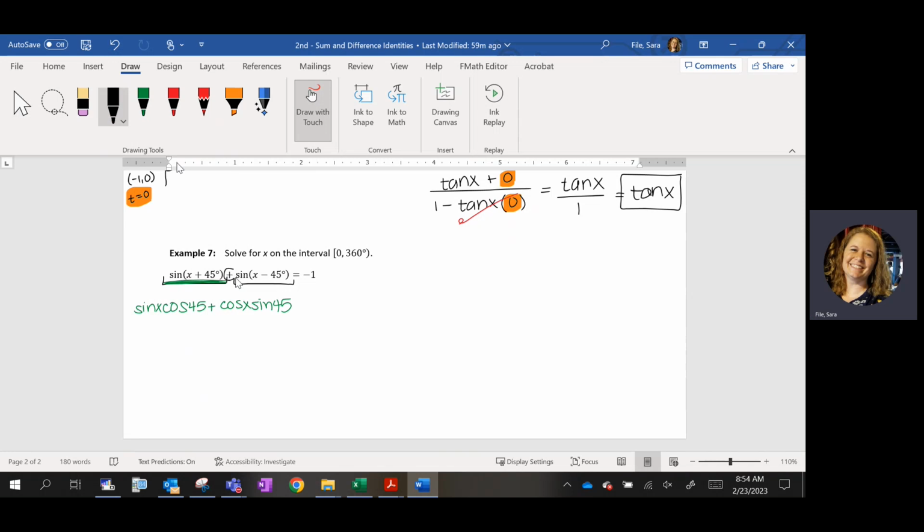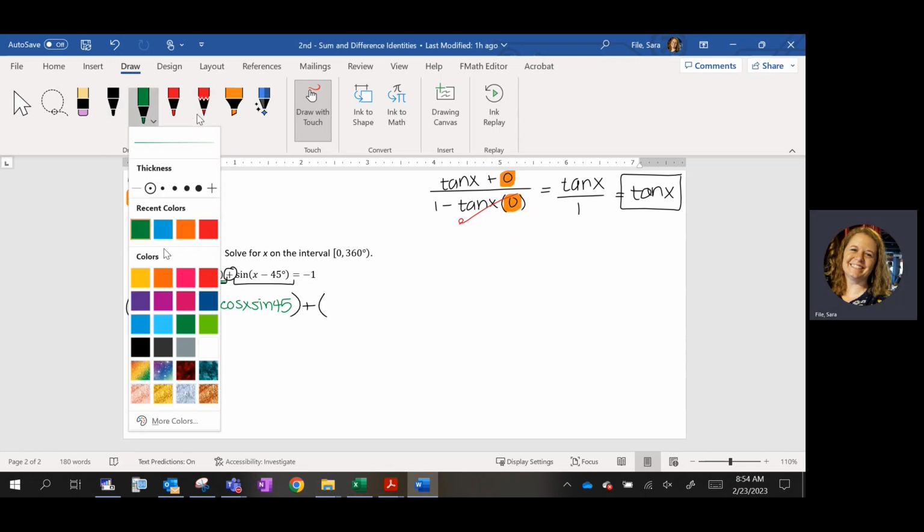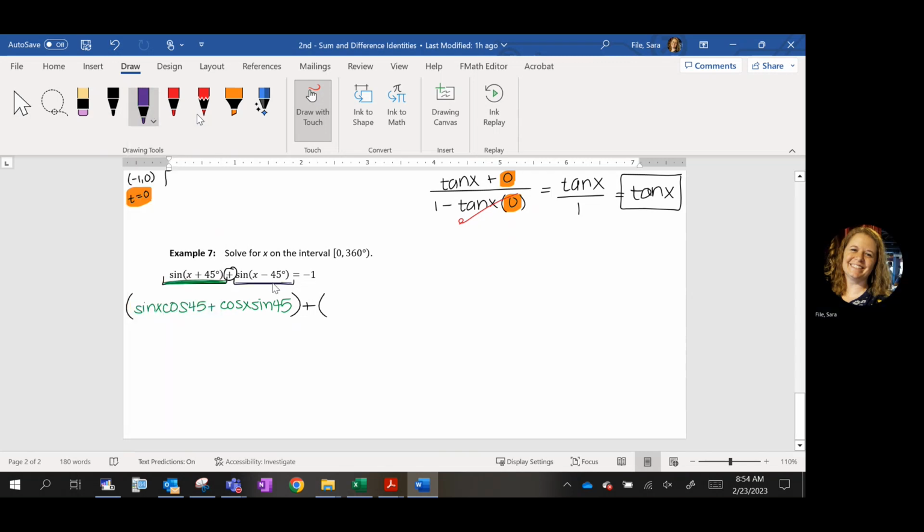And then I've got this plus sign in the middle. I'll kind of separate these. Then let's do this one in purple here. Okay, so this is the same idea, except what's the only difference going to be? You're going to have a minus because this is a difference.